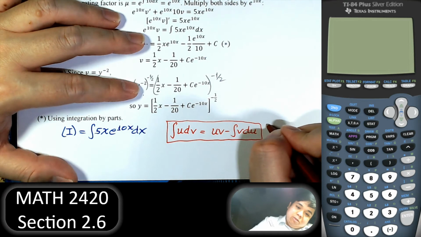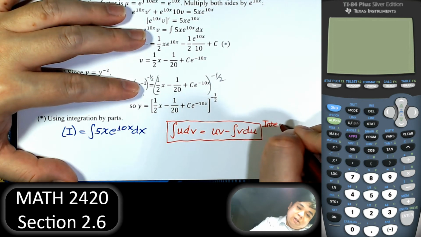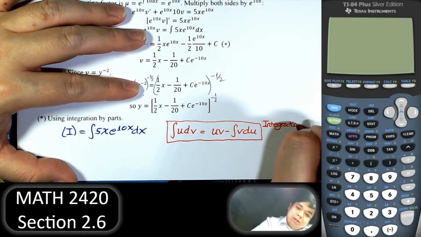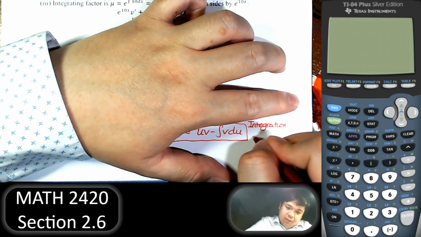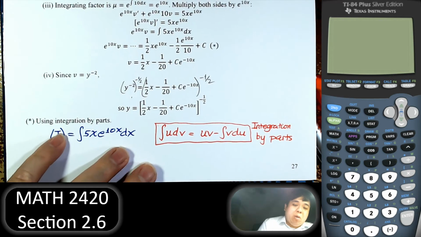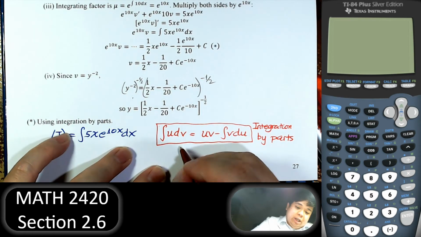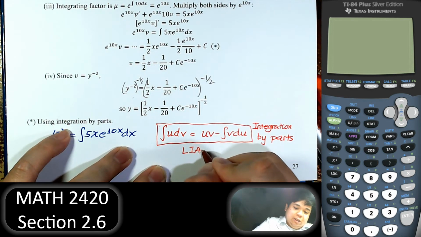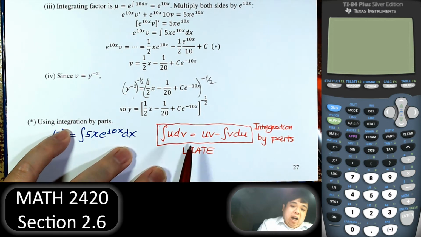So that is integration by parts. In integration by parts, what we let equal to u is in this order: log, inverse trigonometric function, algebraic, usually the polynomial, trigonometric function, exponential function. We let u equal in this order.